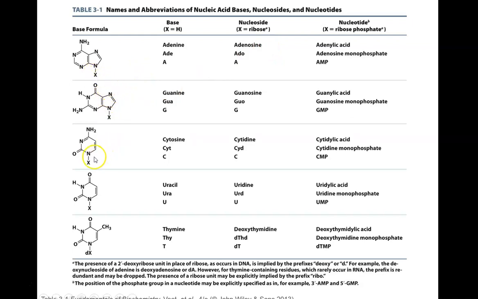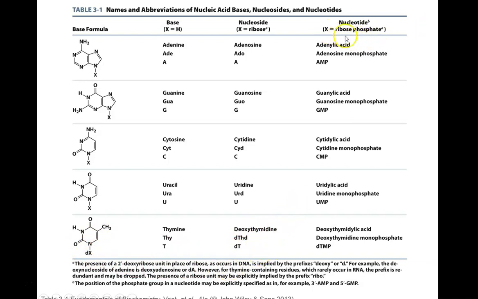And the X shows how we covalently attach either the ribose or the deoxyribose. And remember, this is a nucleoside, so we'll change adenine to adenosine, guanine to guanosine, cytosine to cytidine. This is a little confusing. Uracil to uridine, and thymine to deoxythymidine, because typically we have a deoxyribose there.